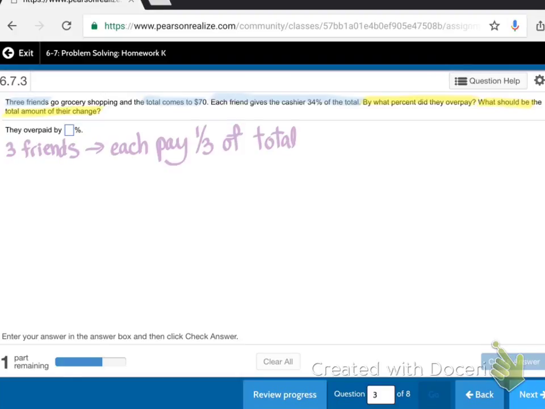So if there's 3 friends, they should each pay a third of the total. One friend pays 1/3, another friend pays another third, third friend pays the final third. This makes sense if you visualize it like that. If you have a circle, a pie, pizza, and you divide it by 3 friends, each friend gets a third. And I know 1/3 is a fraction. I can convert that to a decimal, which is 0.3 repeating, and I got that through long division.